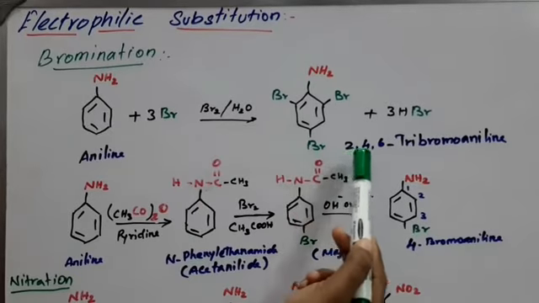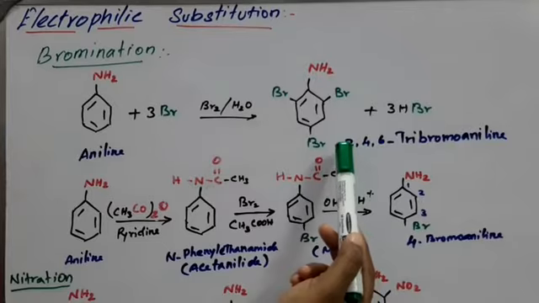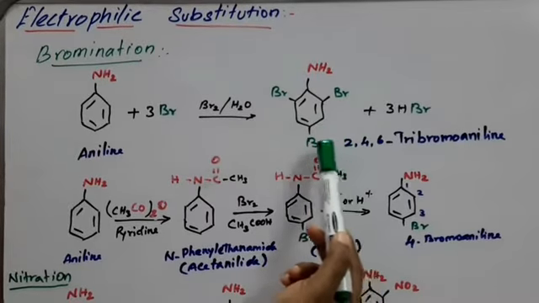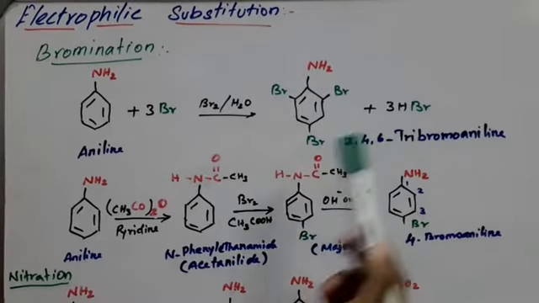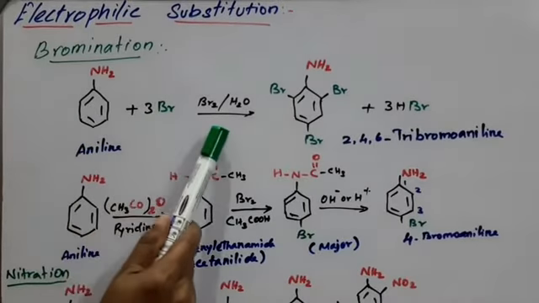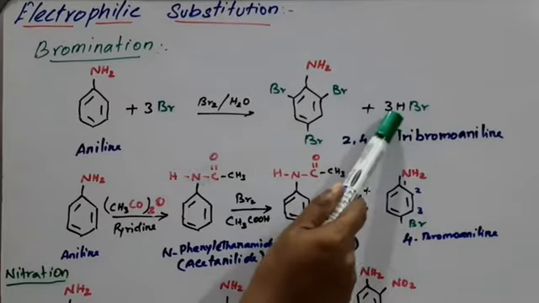That is a white colour crystalline precipitate, 2,4,6-tribromoaniline. So aniline with bromine in aqueous medium gives 2,4,6-tribromoaniline plus 3HBr.